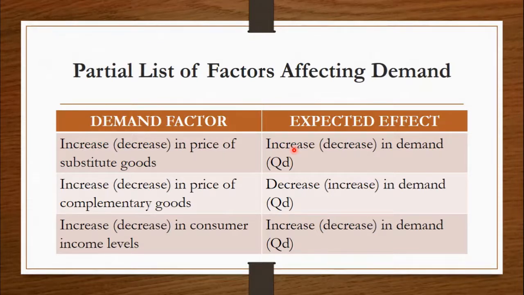So kung ikaw ang naninda og kamote, ni-increase man ang price sa bugas which is a substitute good. So mo-increase imong demand sa kamote, di ba? So ang pagbasa, ang increase is mo-match siya dinhi. Ang parenthesis is mo-match pud siya sa parenthesis sa other side. So for example, if there is a decrease in the price of complementary goods, there is an increase in the demand of your focal product.